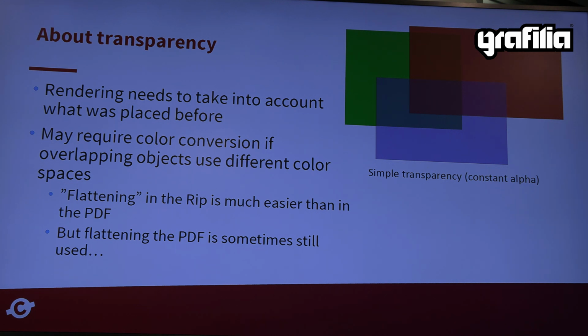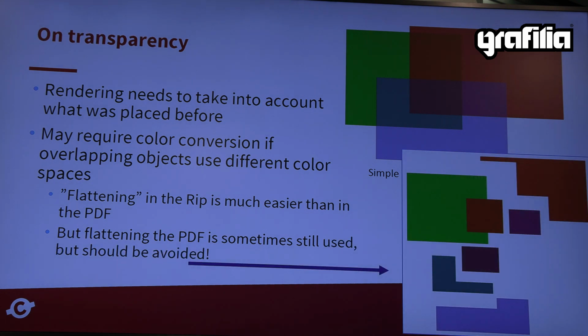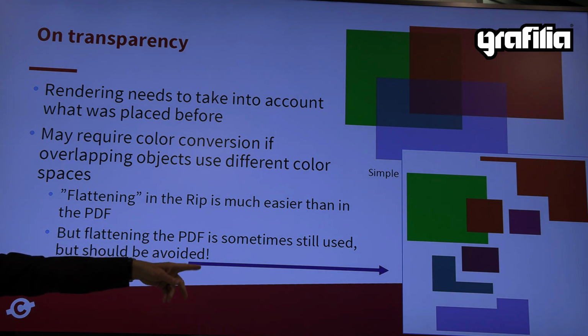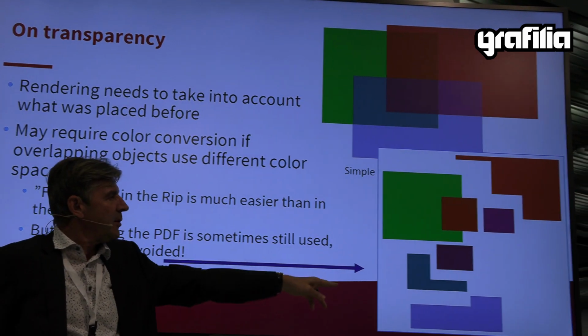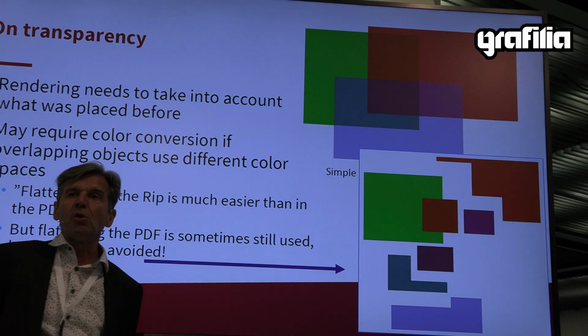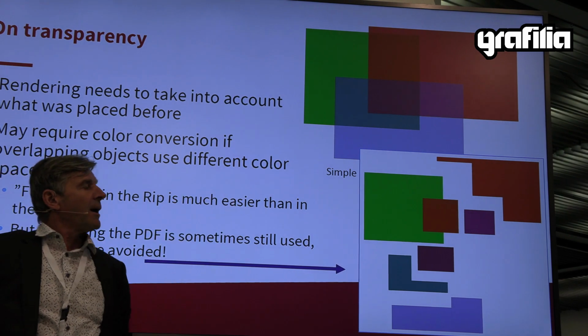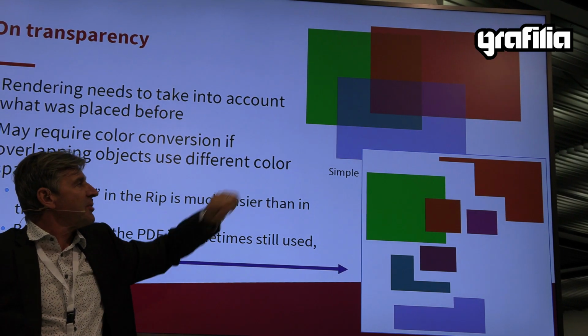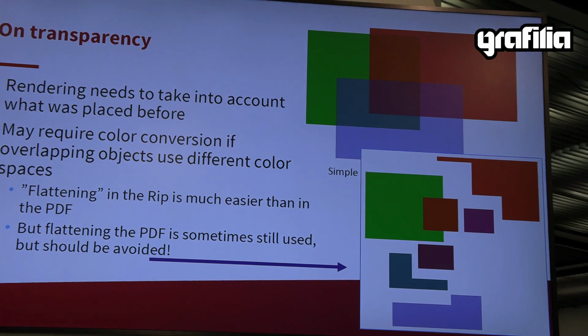And then you have two choices. Either you do the flattening, so you create the new color beforehand in the PDF file, or you do it in the RIP. And what I want to say, you should do it in the RIP. Because you can do transparency flattening in the PDF file, but that basically means you will have to create quite a big number of new objects, just to show our very, very simple example here.